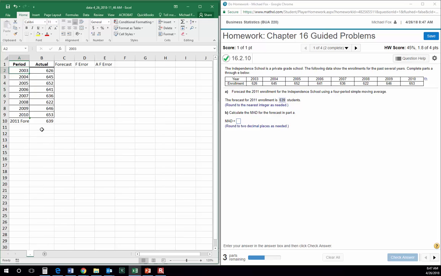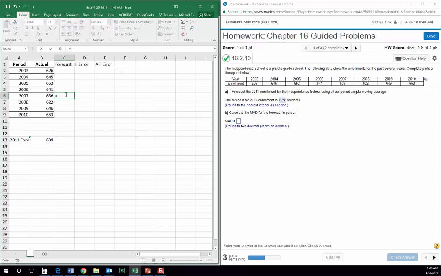To do the forecast, just like we did here for 2011, I'm going to remove this from the rest of the data so it doesn't look like it's part of what we're working with, because this is actual and that's the forecast. We can't do a forecast for period 1 because we need 4 periods of previous data, so we can't do a forecast until the 5th period.